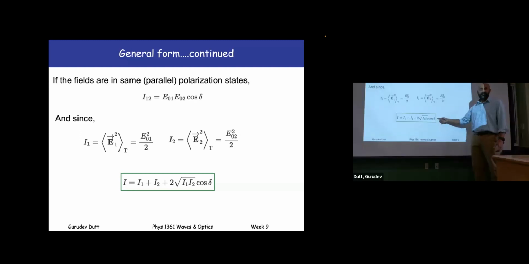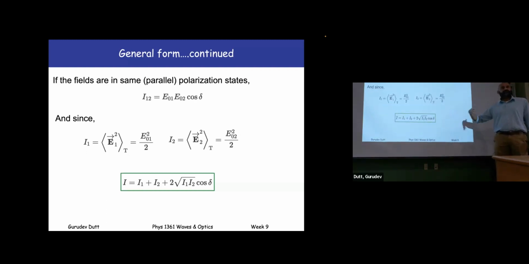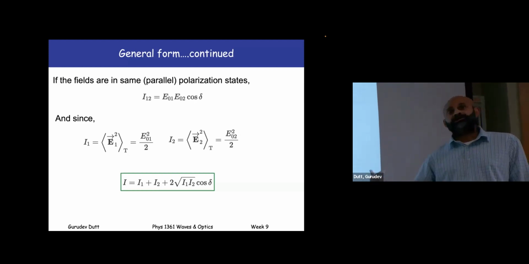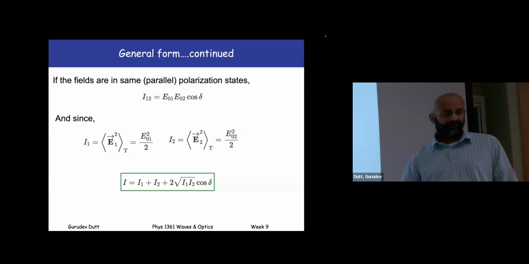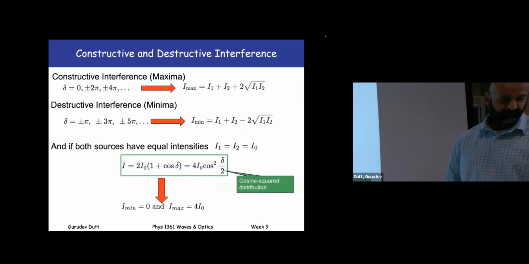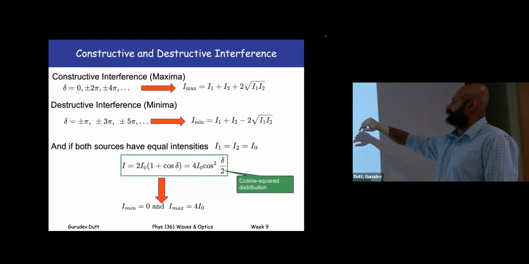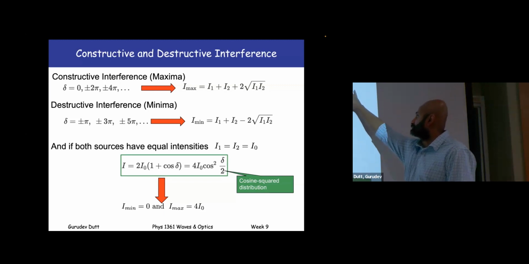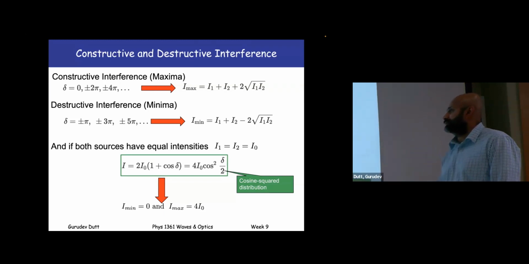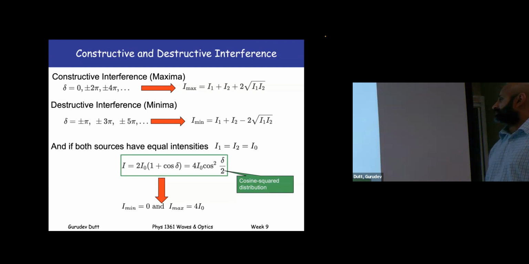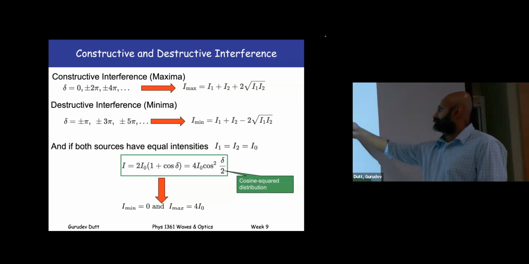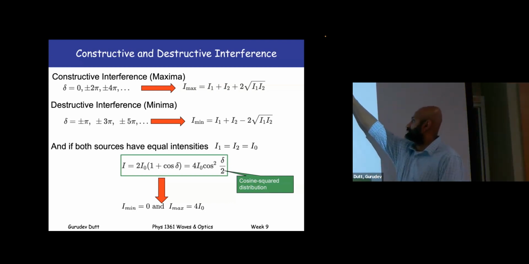And when delta is pi, plus or minus 3 pi, odd multiples of pi, so even multiples of pi will be constructive interference, and odd multiples of pi for delta will be destructive interference. And that is shown here. So constructive interference is when delta is even multiples of pi, and odd multiples of pi give me destructive interference, or minima.